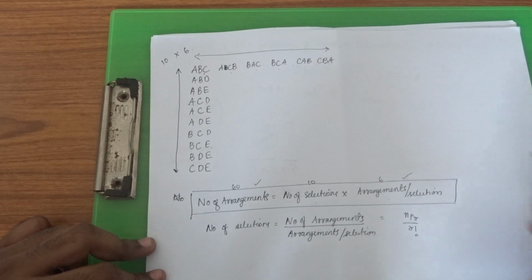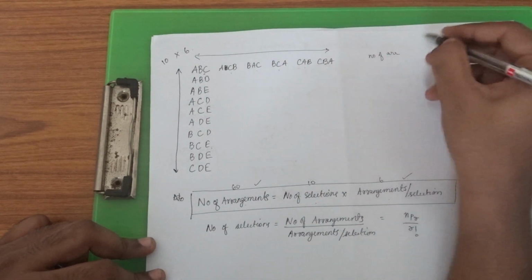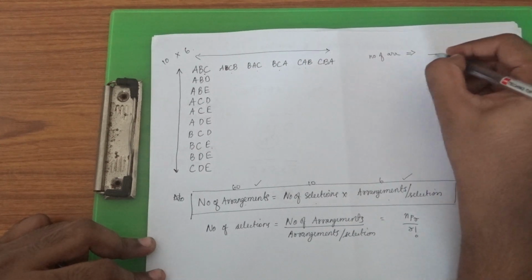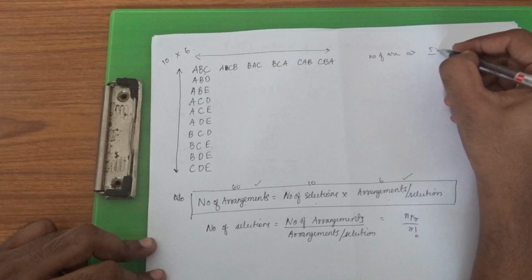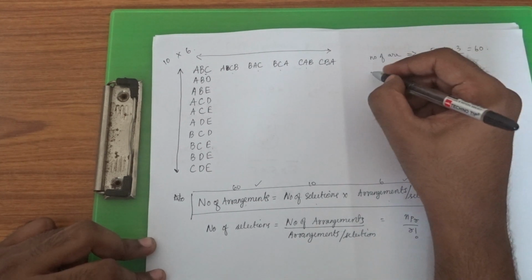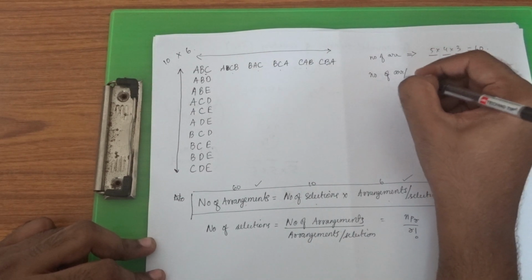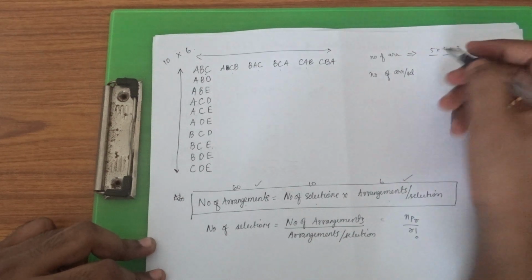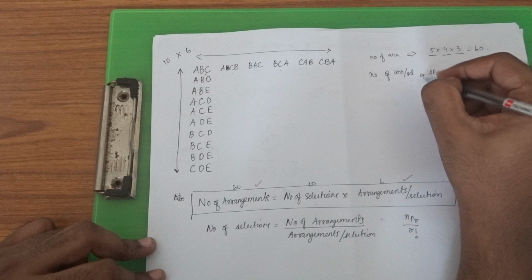So you have to look at it this way. The number of arrangements: I want to make a 3-letter word using 5 available letters, so it's 5 into 4 into 3, 60 arrangements are there. The number of arrangements for each selection: let's say I've already selected ABC as an example.